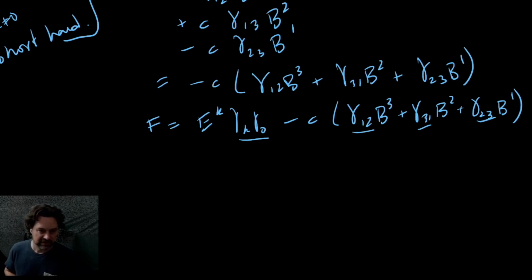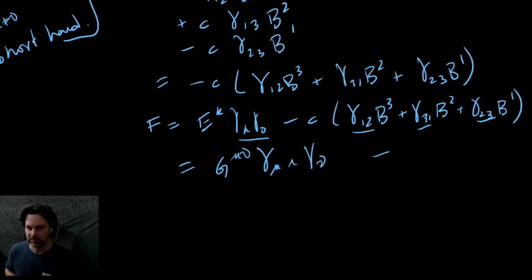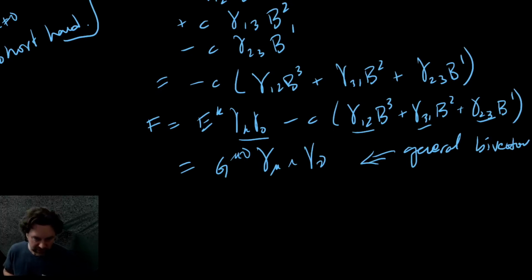So if we were to write F as, let's say, G, and here's a general bivector in spacetime algebra, we maybe include a factor of half here, since we're double counting over all μ and ν.